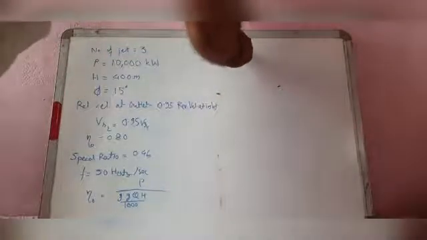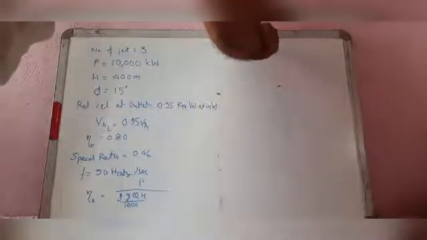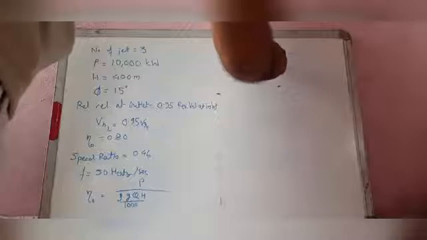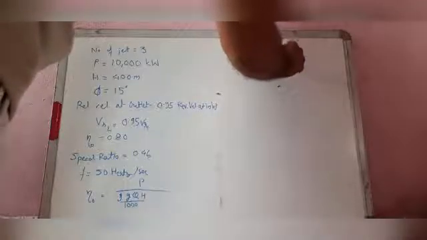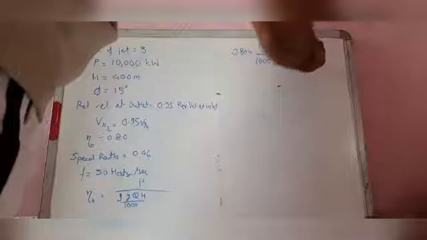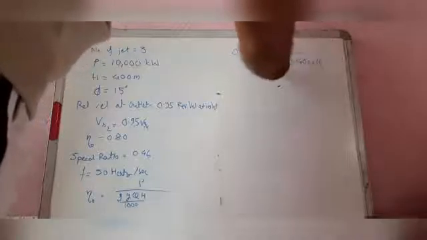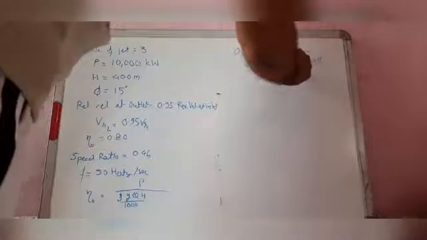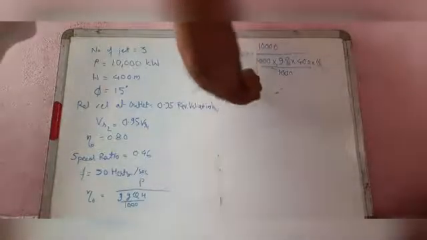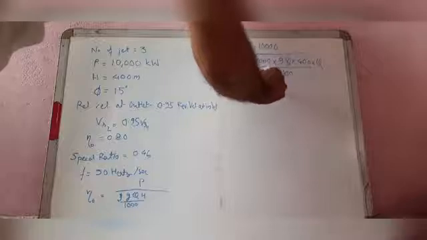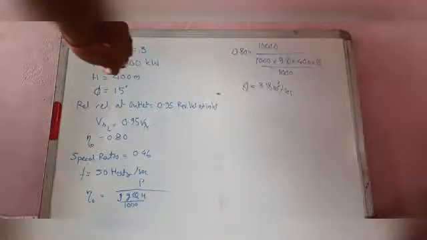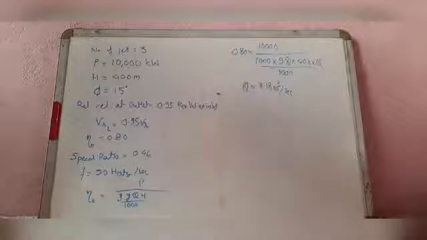So 0.80 equal to 10,000 by 1000 into 9.81 into Q into 400 divided by 1000, cancelling both, the value of Q comes Q equal to 3.18 meter cube per second, and this is the discharge from the 3 nozzles.